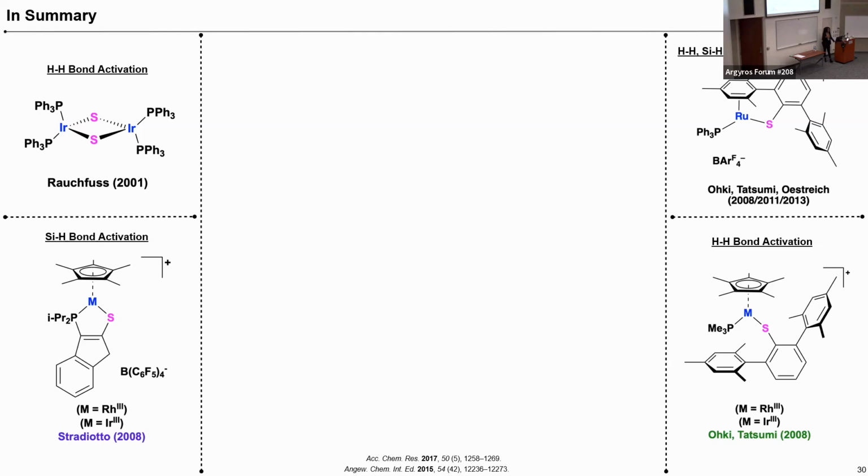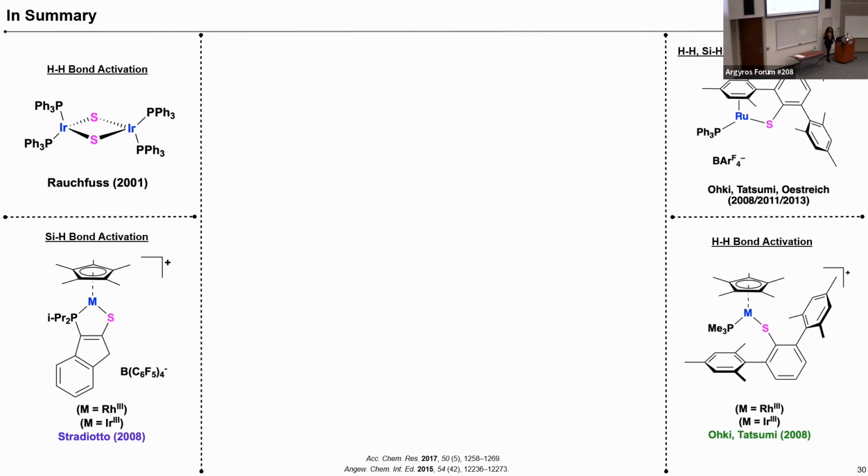So that takes me to my summary of what I want you to take away from this presentation today. As I said before, there's been an evolution in the types of metal sulfur complexes that have been used as catalysts, and they've been seen to activate numerous different types of bonds. But the problem is that we don't know exactly why different catalysts are able to activate different bonds. For instance, why is the Oestreich catalyst able to activate H-H, but the Stradiotto catalyst isn't able to activate it?